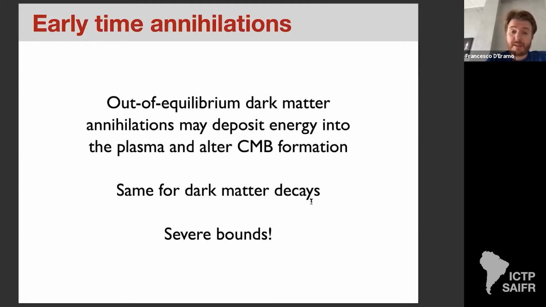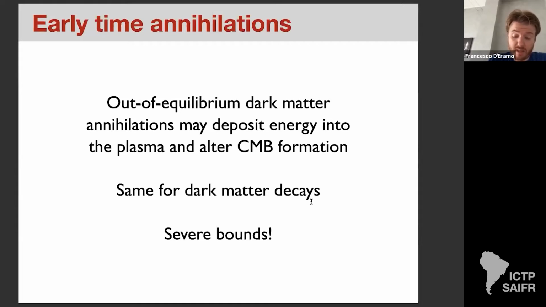These are, of course, out-of-equilibrium annihilations, way past the freeze-out, but these annihilations could deposit energy into the plasma, and in this plasma you are forming heavy nuclei through BBN, and forming hydrogen atoms at the time of CMB formation. So you are going to affect the prediction of standard cosmology in the absence of these annihilations.